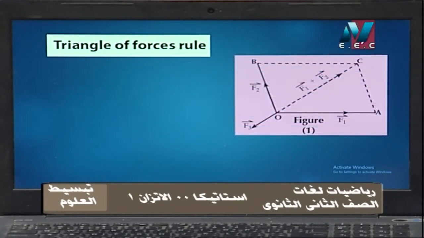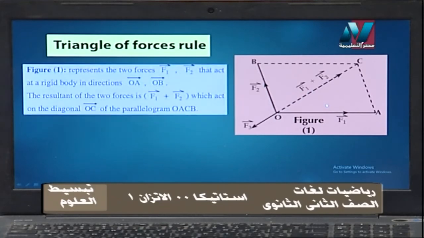If we have F1 here, OA represents F1, and OB represents F2, and we have the resultant here equals F1 plus F2, and this figure represents the 2 forces F1, F2 that act on a rigid body in direction OA and OB.